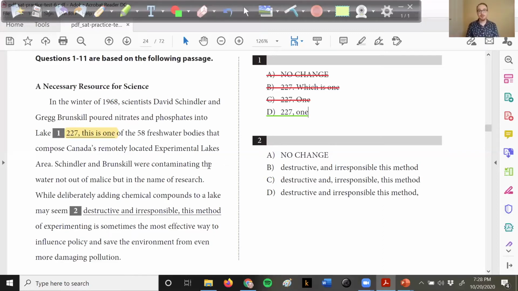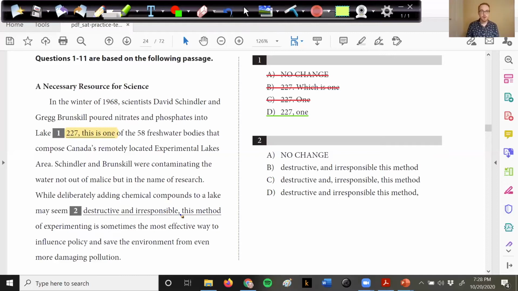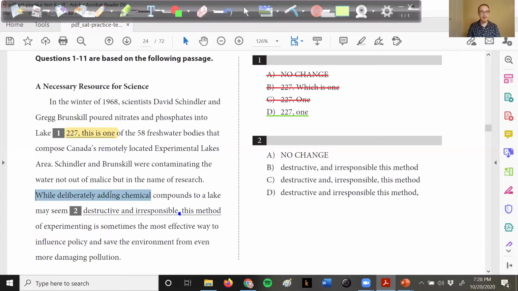Now, if we do that trick again, remembering what goes on one side of the comma and what goes on the other, a comma can never support two complete thoughts on either side. So let's look at the first half. While deliberately adding chemical compounds to a lake may seem destructive and irresponsible.